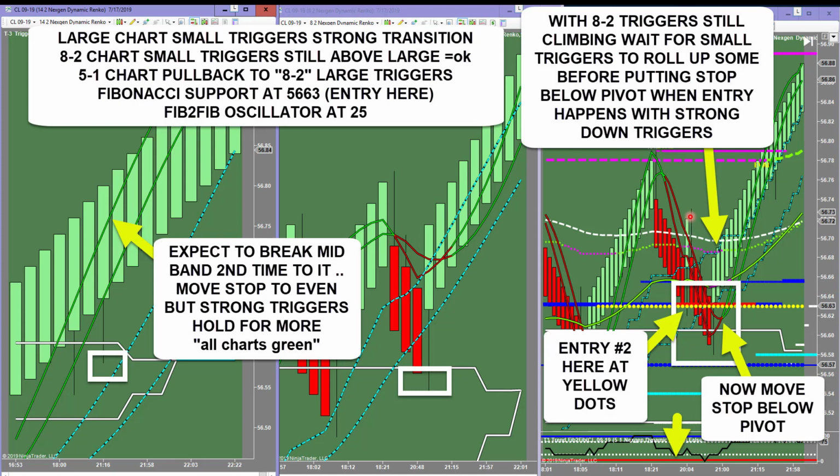Now, this is where it gets a little bit trickier for you. I want you to think about something for a second. Because of the overwhelming strength to the downside on the small triggers and the fact that we could barely close above the strong triggers down, what I'm telling you is that you have to delay moving your stop below that pivot.